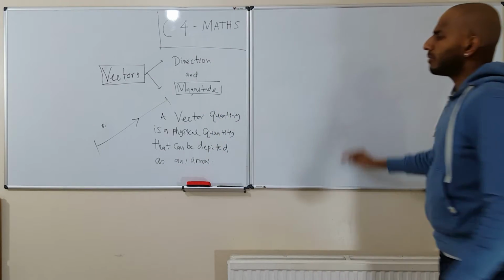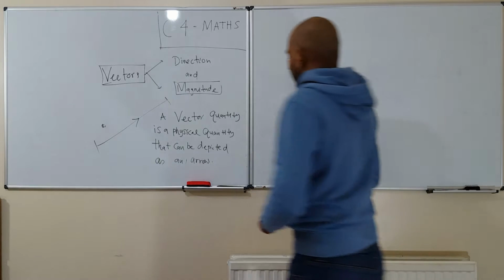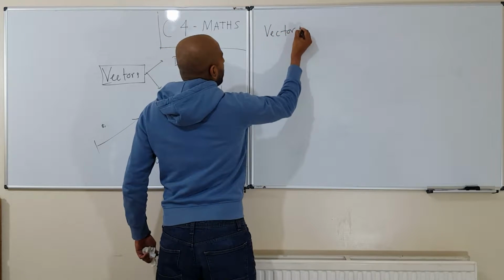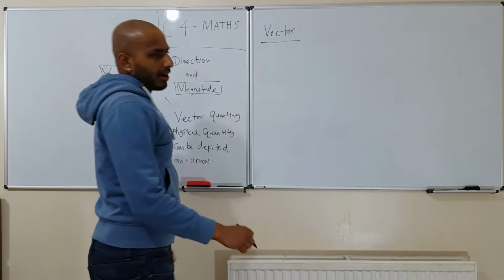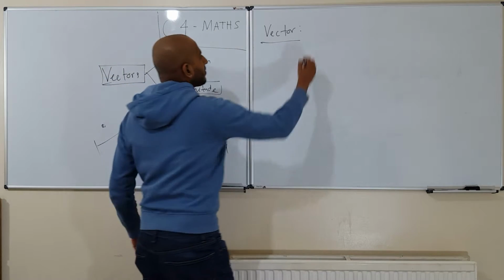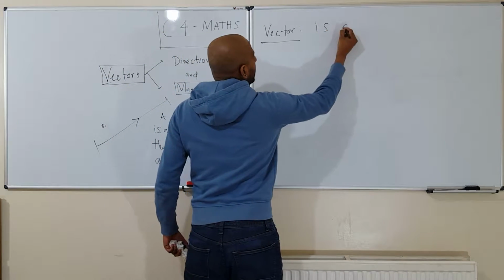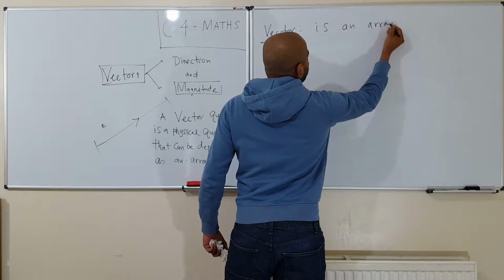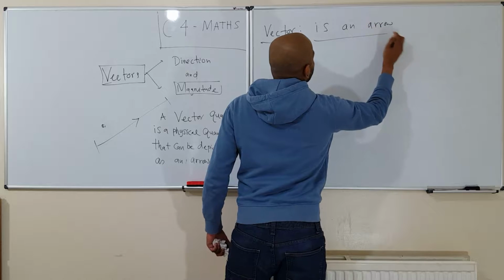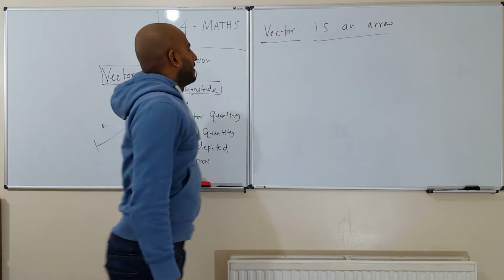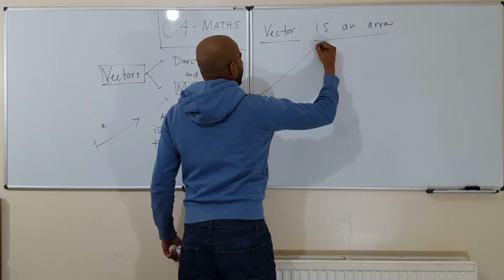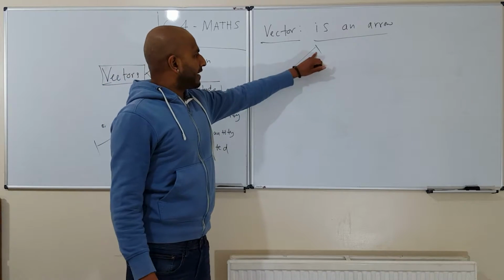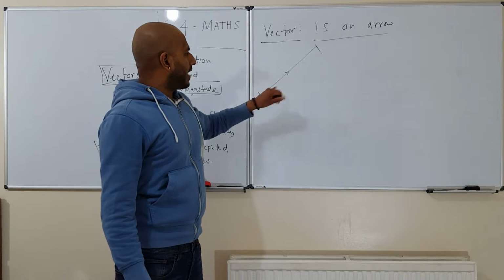So let's discuss a bit more about vectors. As we mentioned before, a vector is an arrow. Simply speaking, it is an arrow. So this is a vector. It has a direction.